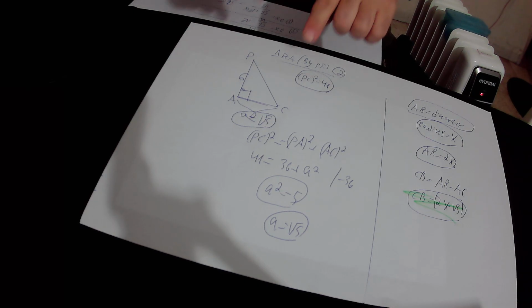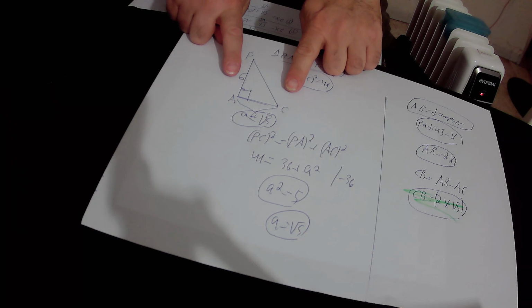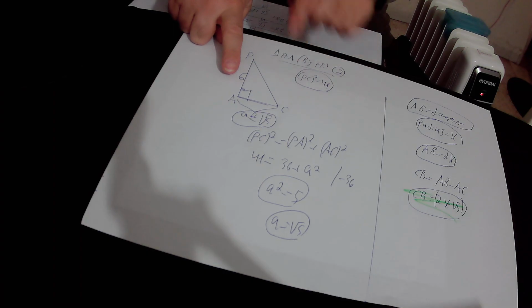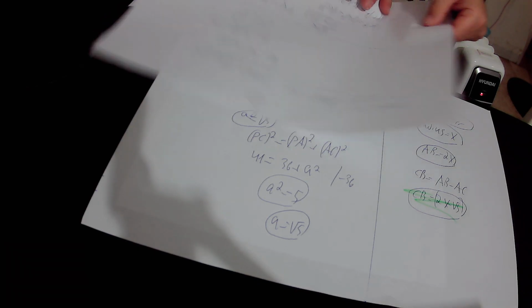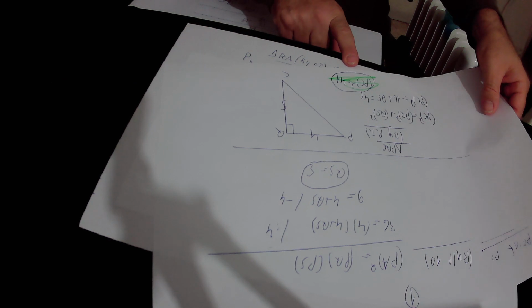We define the length of the perpendicular AC as A. So according to the Pythagoras theorem, again, PC squared equals 41 according to what we have already found out. Here, PC squared equals 41 units.